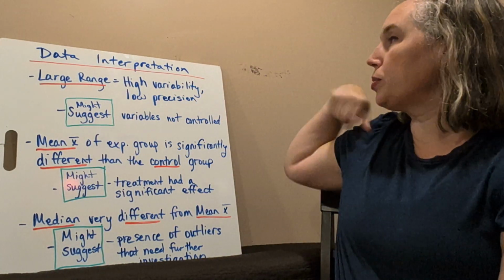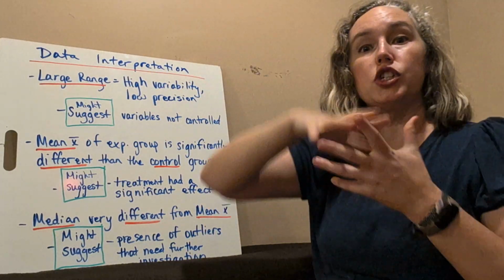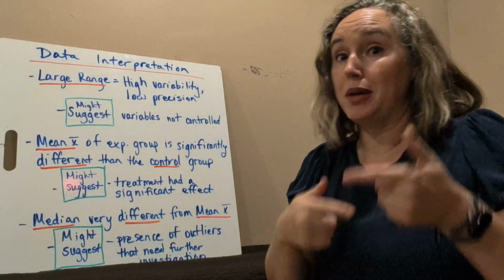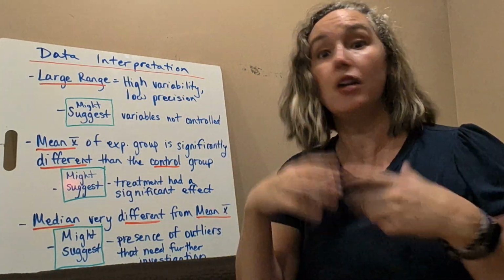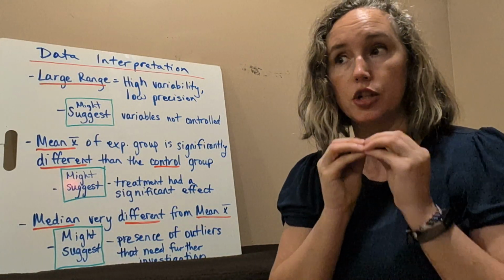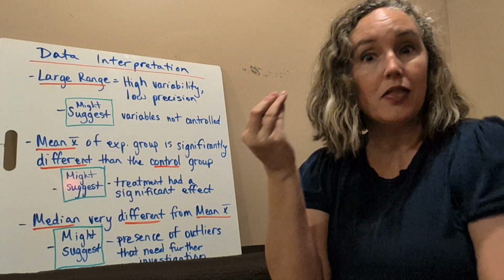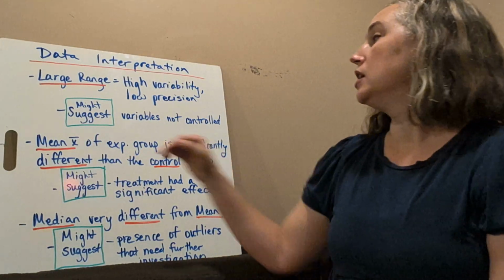So when we're interpreting data, something like a large range could suggest high variability and low precision. This could mean some inaccuracy in your experimental planning or execution, or it could just mean inherent to the variable you're looking at, that high variability is part of its essence.